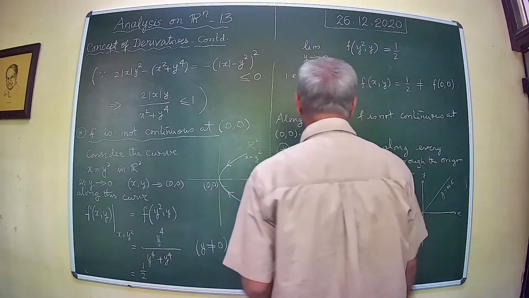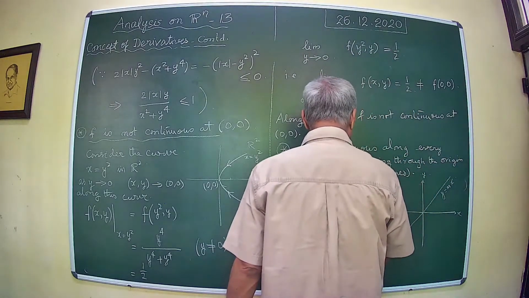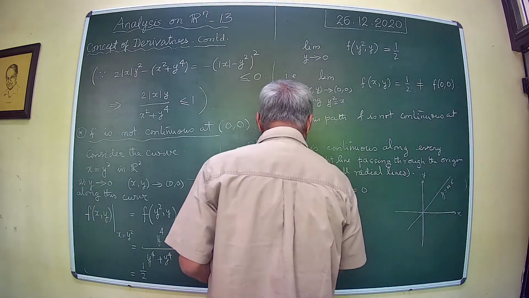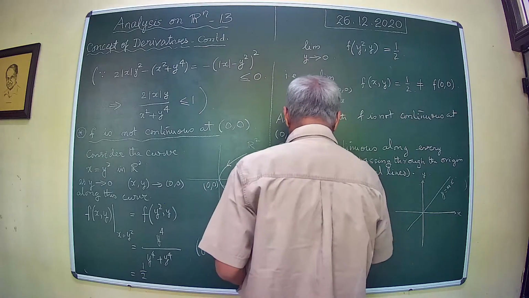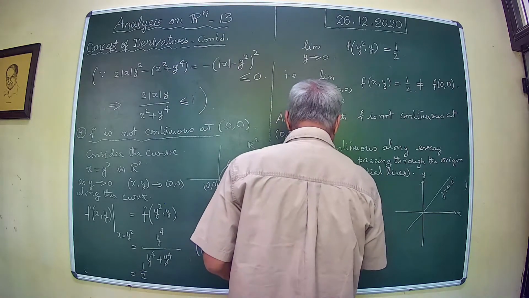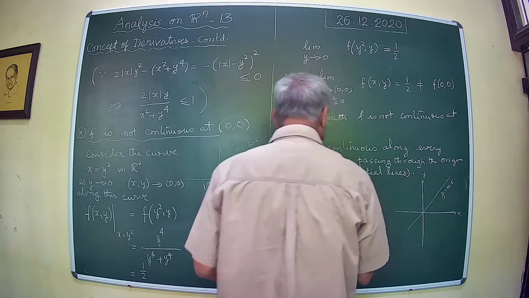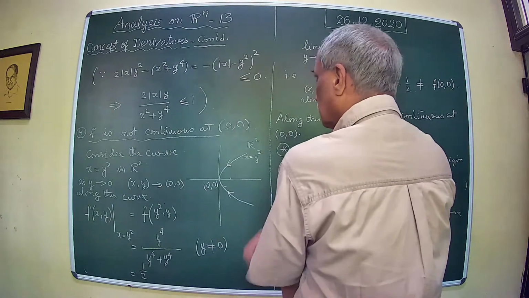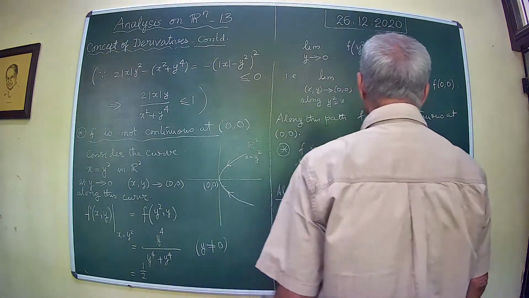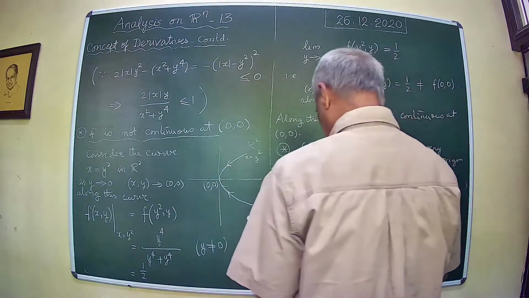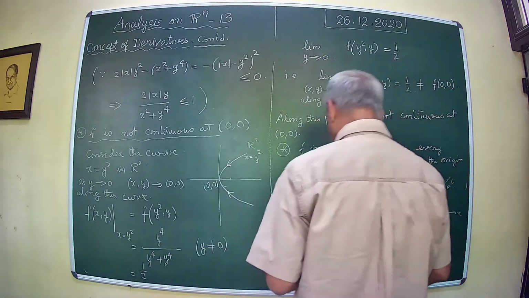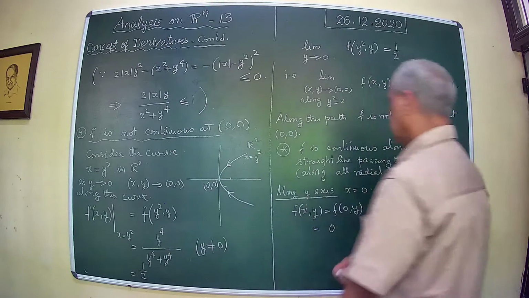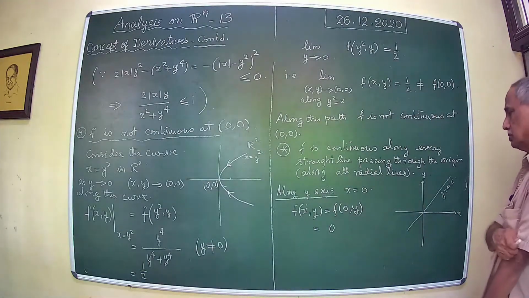Along the y-axis, you see that x equal to 0, then what happens? f of x, y, which is equal to x y square over x square plus y to the power 4, because you are putting x equal to 0, it is 0.